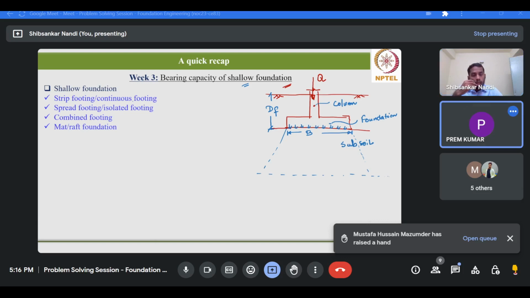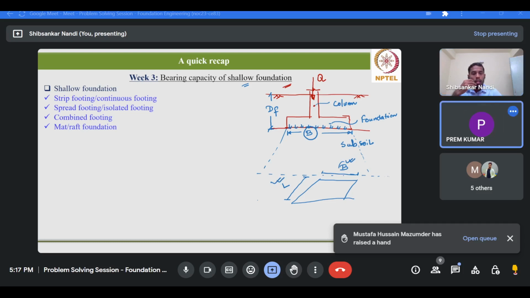So the bearing capacity expression only involves the term which is basically this dimension B, not L. Suppose we consider a rectangular footing, suppose this dimension is B and this dimension is L, then you are saying that we are determining the bearing capacity of this footing solely based on this term B. There is no provision for L. Are you saying like that?